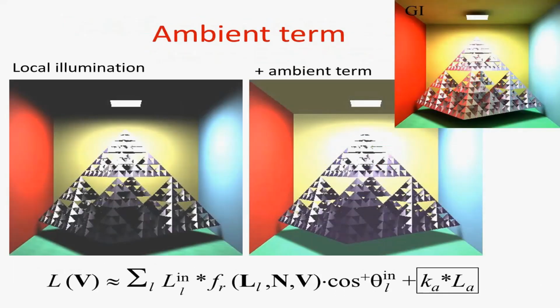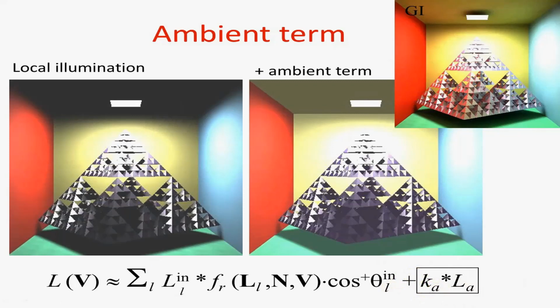In the local illumination model, all surfaces that are not directly visible from the light sources are completely black. However, this is against our everyday experience, when some light indirectly illuminates even the hidden regions as well. So we add a so-called ambient term to the reflected radiance, which is here, where the intensity LA is uniform everywhere and in all directions, and the ambient reflectivity Ka is a material property.